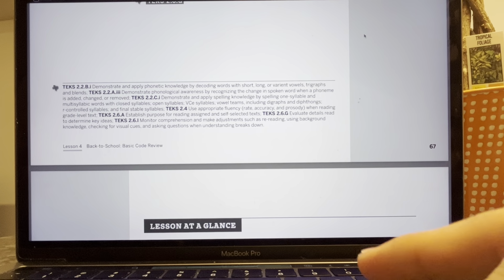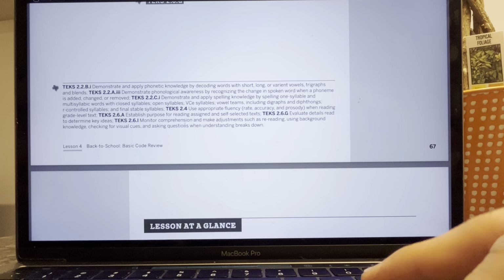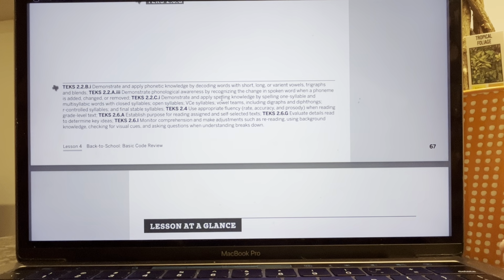Then, of course, we find our TEKS here, which focus on the spellings, the vowel teams, the diphthongs, the digraphs, and reading with accuracy, rate, and prosody. And then we'd talk about vocabulary, and at the end, understanding text comprehension through visual cues and background knowledge.